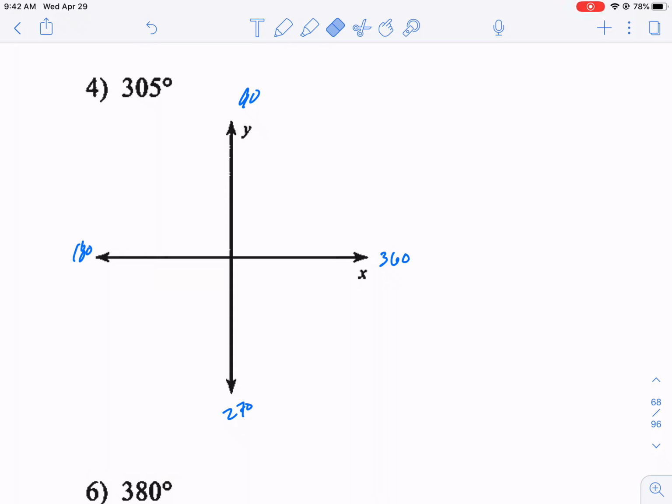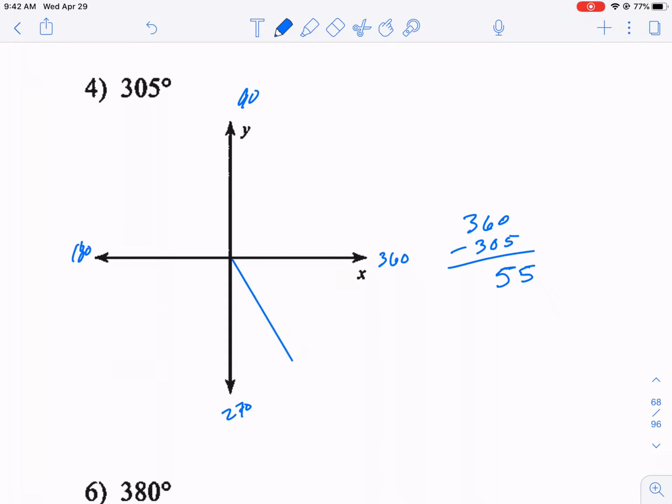So what I'm going to do this time, because I just want to show you that you can do either, is take 360 and subtract my angle of 305. So that means this is 55 degrees shy of 360.